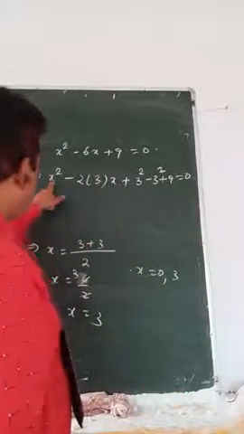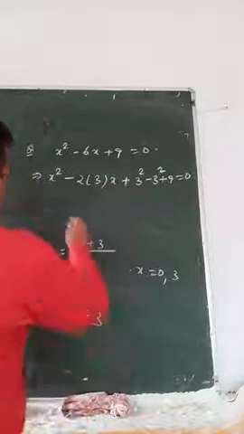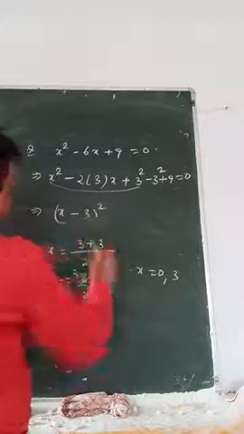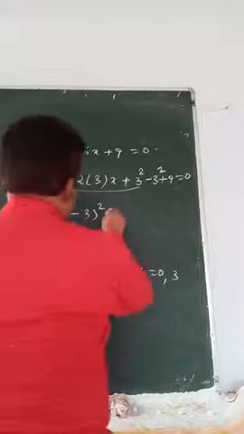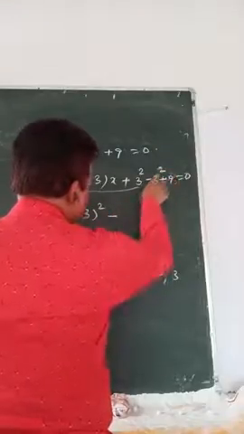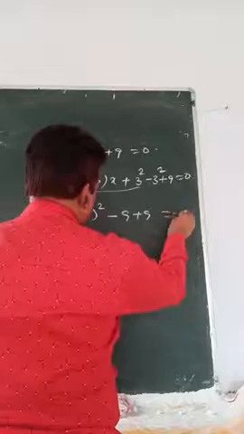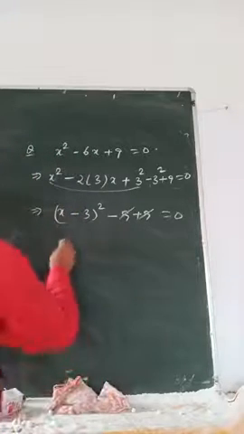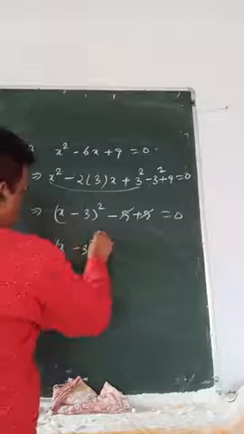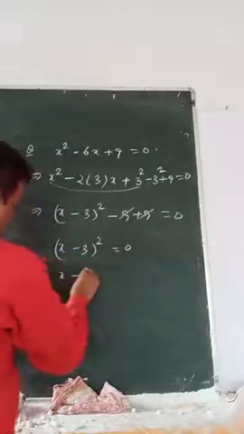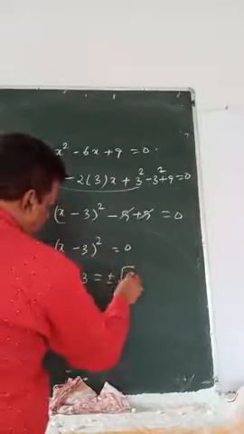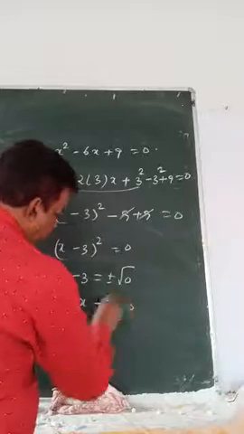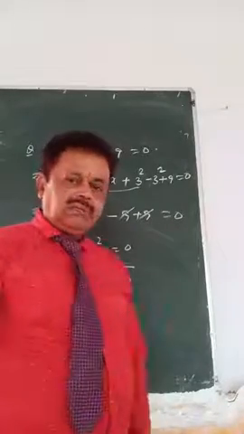Now a square minus 2ab plus b square is (x minus 3) whole square, minus 9, and minus 9 plus 9 equals 0. This gets cancelled. That means (x minus 3) whole square equals 0. So x minus 3 equals plus or minus root of 0. 0 means one value, so x minus 3 equals only 0, because plus 0 and minus 0 are the same.